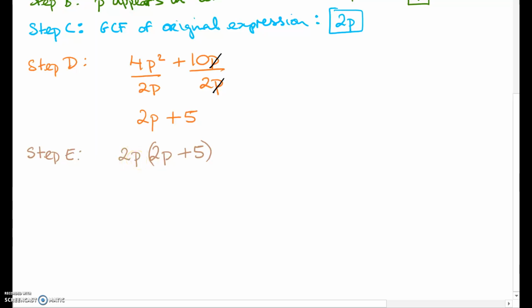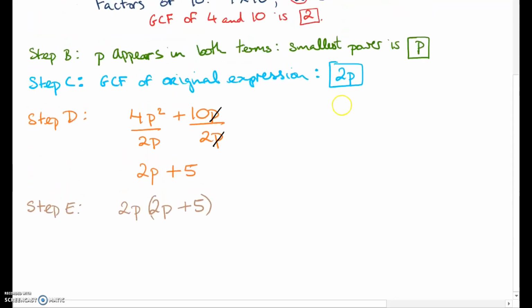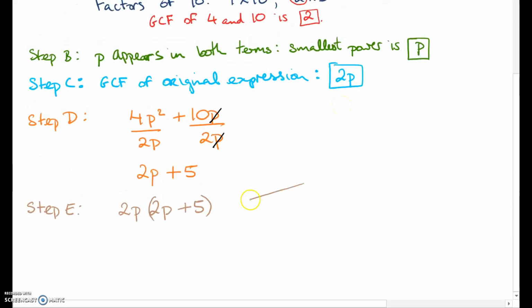So the factors are 2p times 2p plus 5. Those are the factors of 4p squared plus 10p: 2p and 2p plus 5.